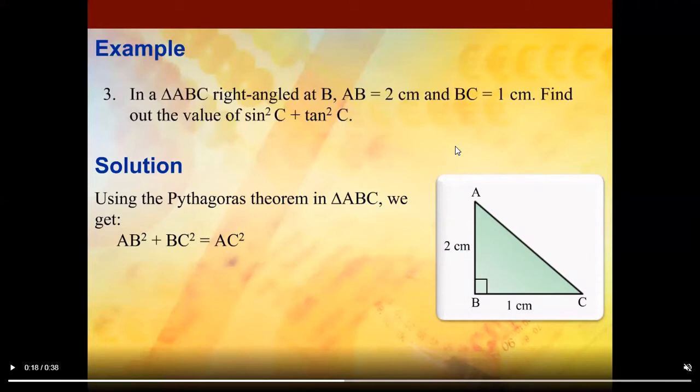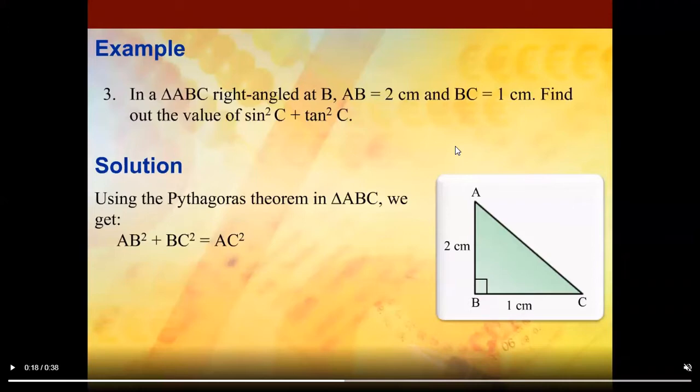So take the help of Pythagoras and solve for the third side. Pythagoras theorem says that the square of the hypotenuse is equal to the sum of the squares of the other two sides. So I have written AB square plus BC square is equal to AC square.